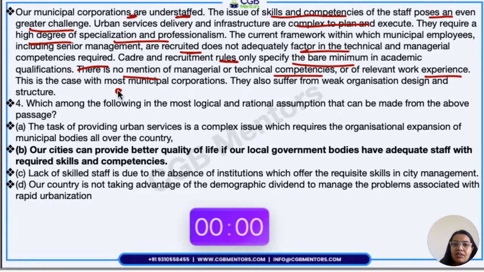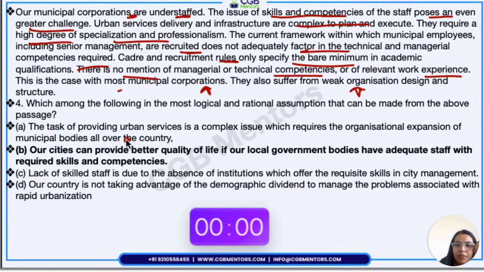This is the case with most municipal corporations. They also suffer from weak organization design and structure. So main issue is जो staff है वो bare minimum criteria पर है and जो technical competencies, professional competencies है वो missing है. इस message को कौन सा हमारा option match कर रहा है, simple language में उसे ढूंढो.